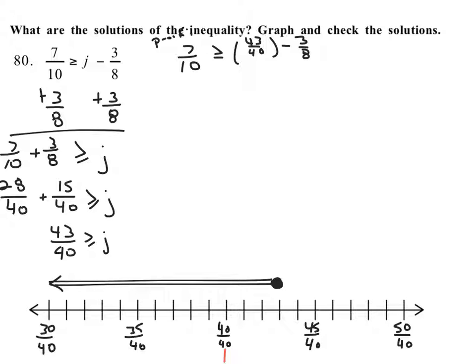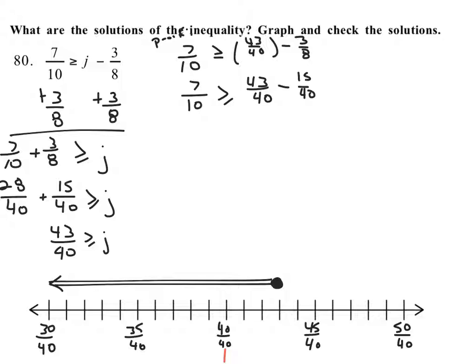what we're doing is we're trying to see whether the endpoint is correct, and if it is, we should get the same number on both sides. So 43/40 minus, what's 3/8 in 40ths? That is 15/40.